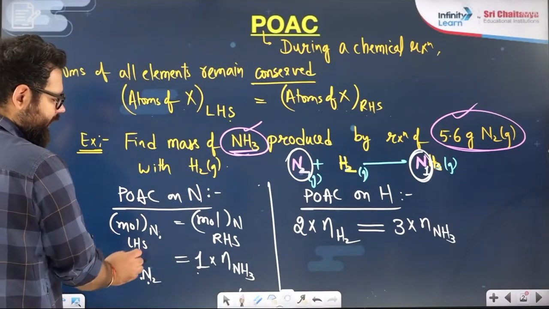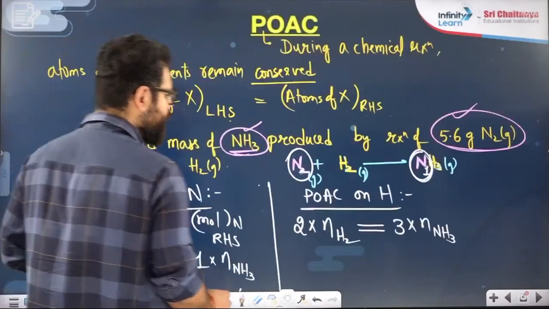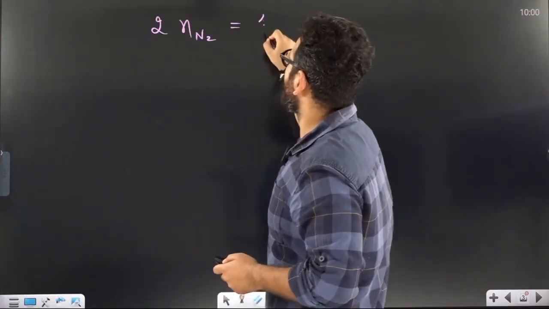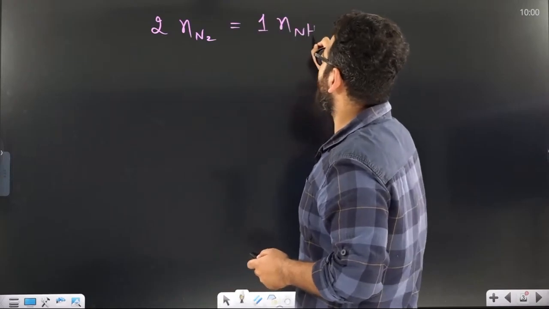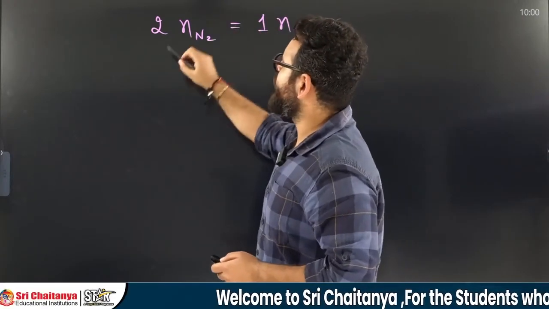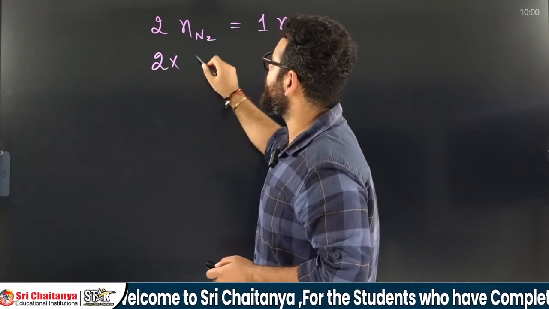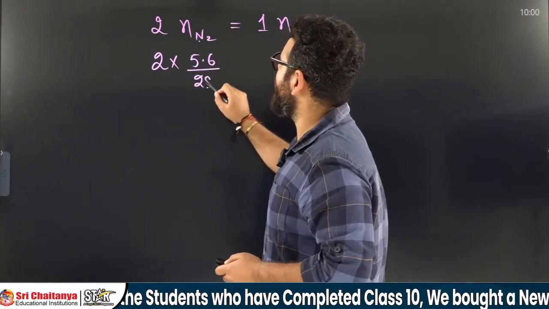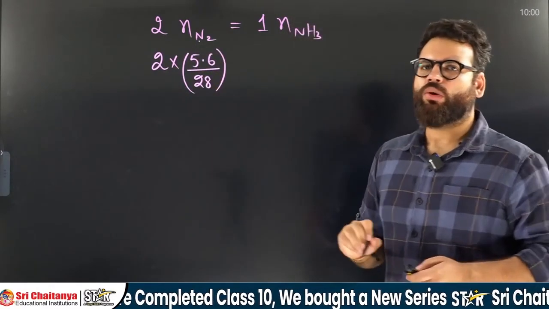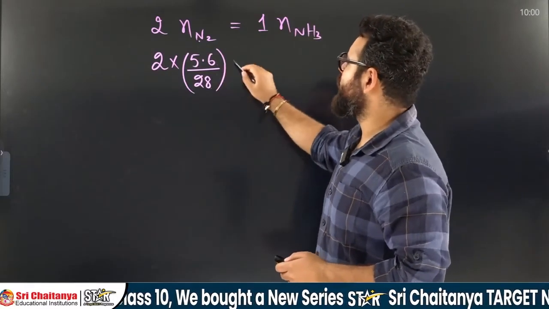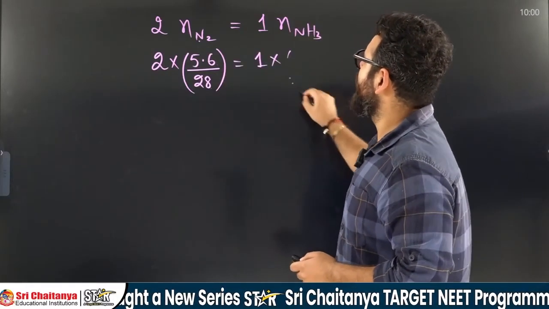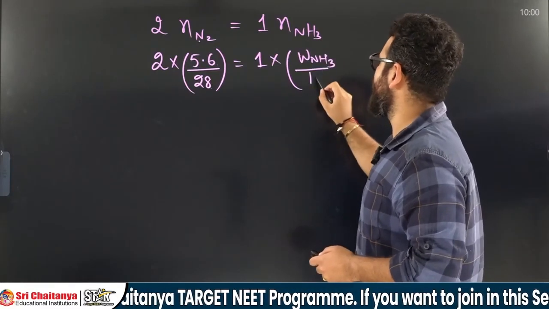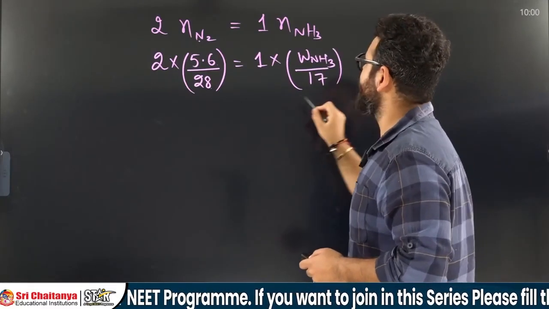2 times moles of N2 equal to 1 times moles of ammonia. Moles can be written as weight by molar mass. So I am writing 2 times weight of nitrogen given, 5.6, by molar mass of nitrogen, 28 gram, equal to 1 time weight of ammonia, which we have to find out, by molar mass of ammonia, which is 17 gram.